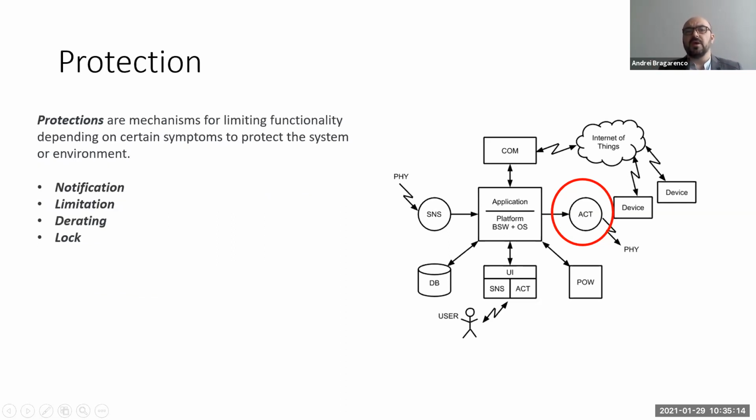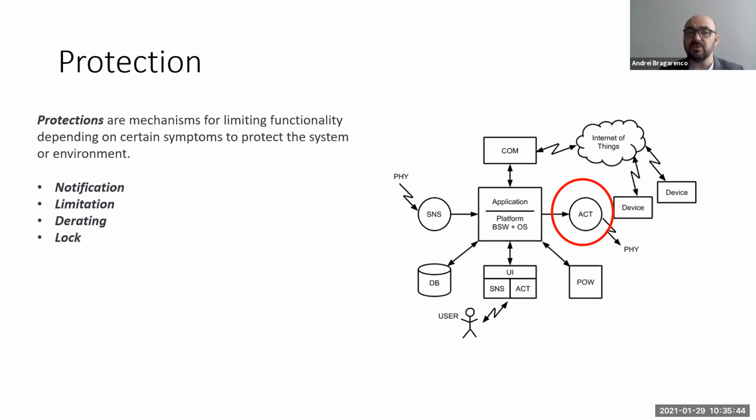Protection, let's say, consists of mechanisms that limit the functionality depending on certain symptoms. Let's say that the engine, or the DC motor, is very hot. If we continue to drive it at full speed, it will damage itself, or will damage something, or something will happen.